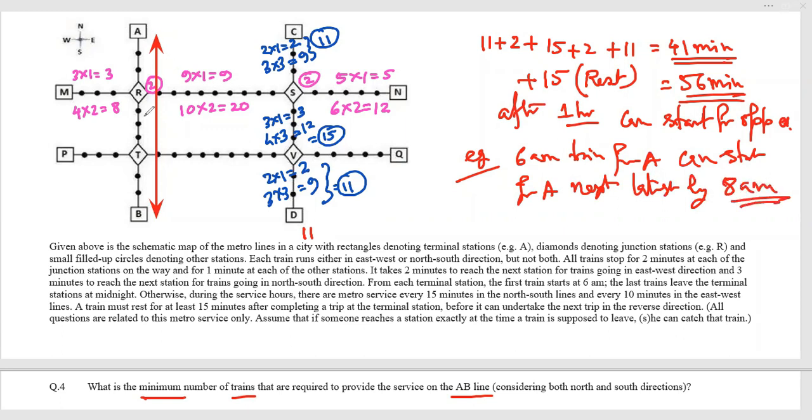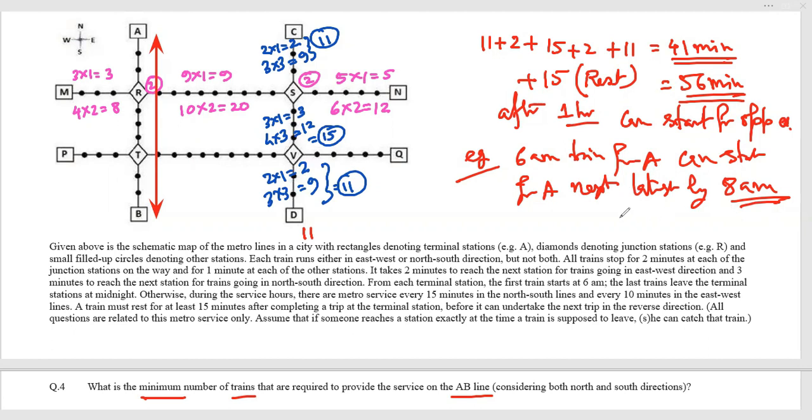Because from A it will move to B, and after that it will rest and return from B towards A. Then again rest and start from A, and that is the 1 hour time. That means at 8 a.m. it can start. So basically 6 a.m. to 8 a.m. all need to be different trains. And how many trains? 6 a.m. to 8 a.m. is something I have to calculate.